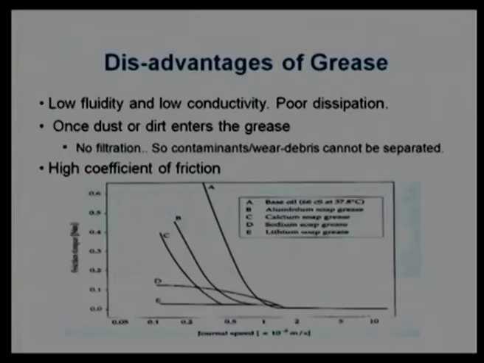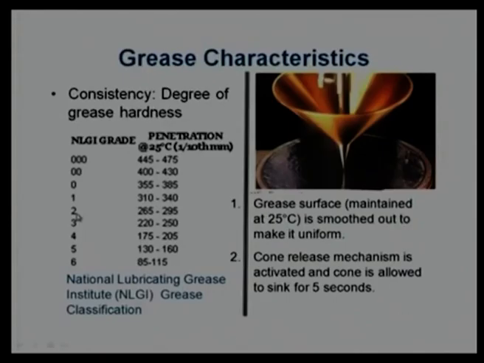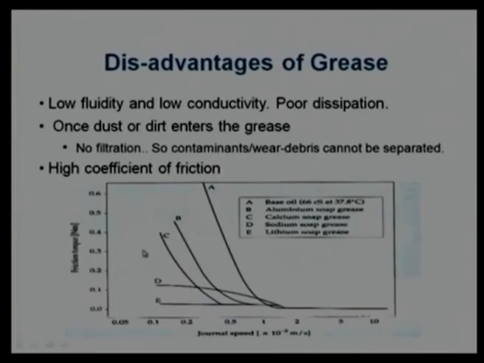We can many times mention that they show low coefficient of friction, typically if the operating speed is low. So, this chart indicates the friction torque, generally related with coefficient of friction, and this axis shows the sliding speed in meters per second.